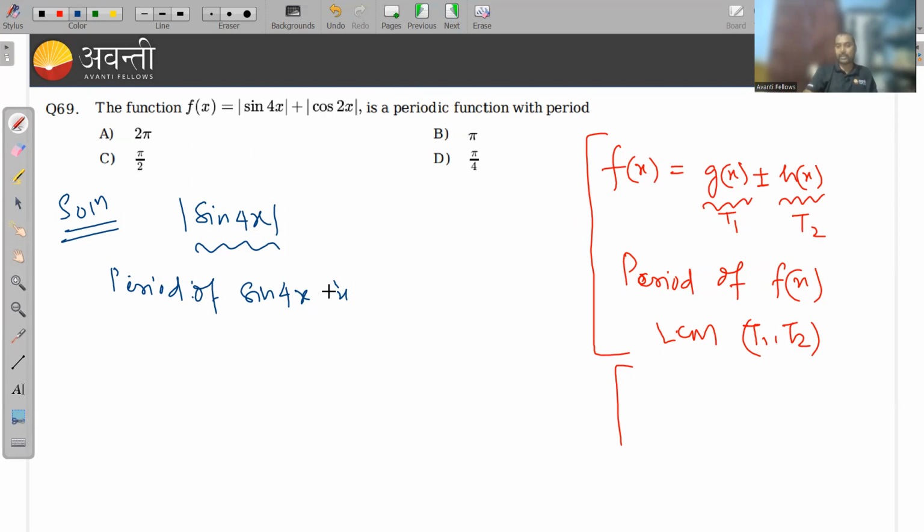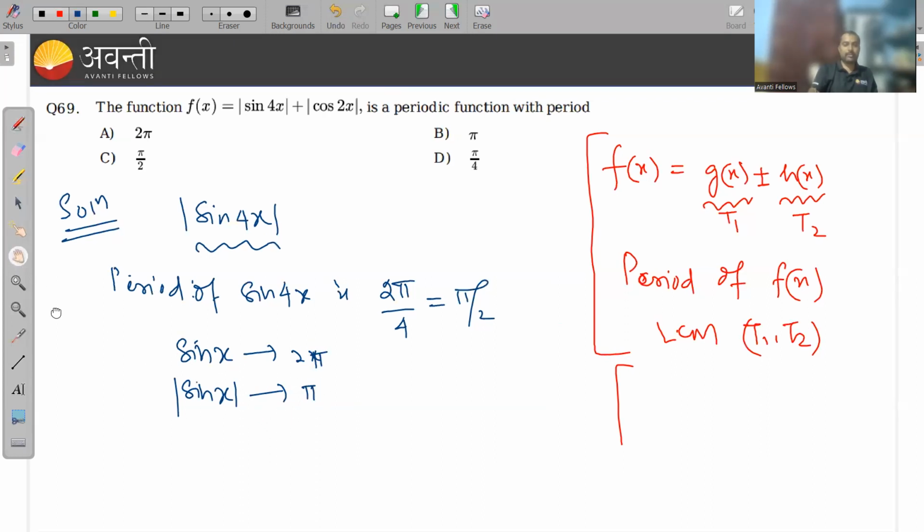So what will be the period of sin 4x? 2 pi upon 4, that is pi by 2. All of you know, if the period of sin x is 2 pi, then the period of mod of sin x becomes pi.